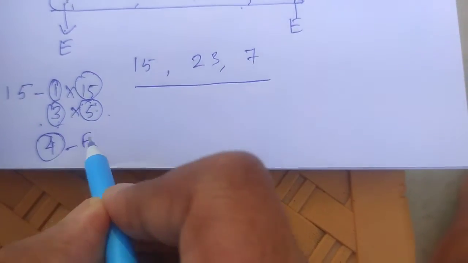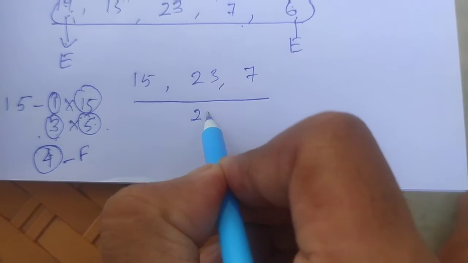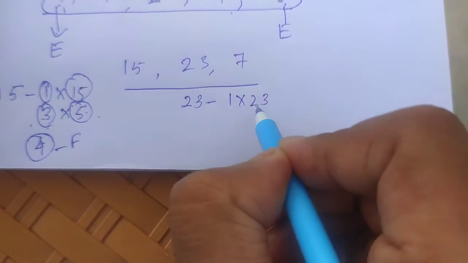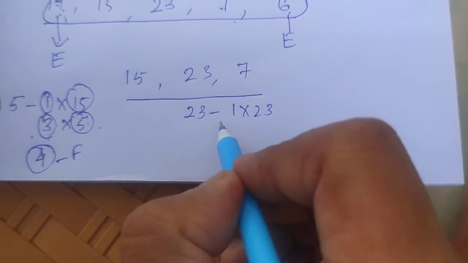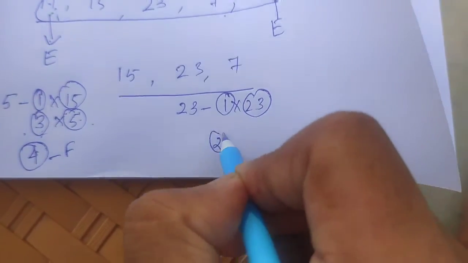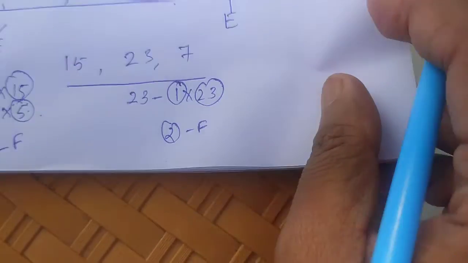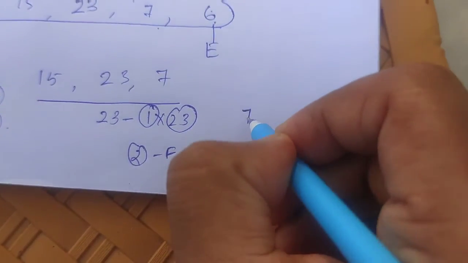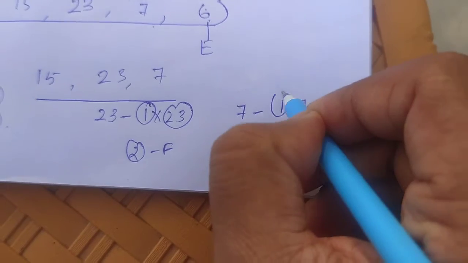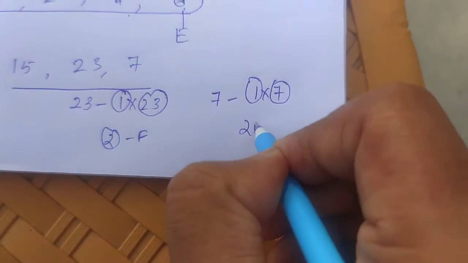If you go to 23, 23 has 1 into 23 and no more. So how many factors? 1 and 23, we have 2 factors. If you look at 7, 7 also has 1 into 7. It has 1 and 7, 2 factors.